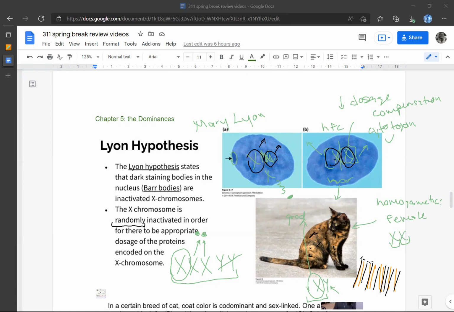They have different cells coding for different things, even though they have the same information technically, the information that's being expressed is different because this chromosome is most likely going to have different alleles than this chromosome. It's called female mosaicism. And that's why calicos are female.